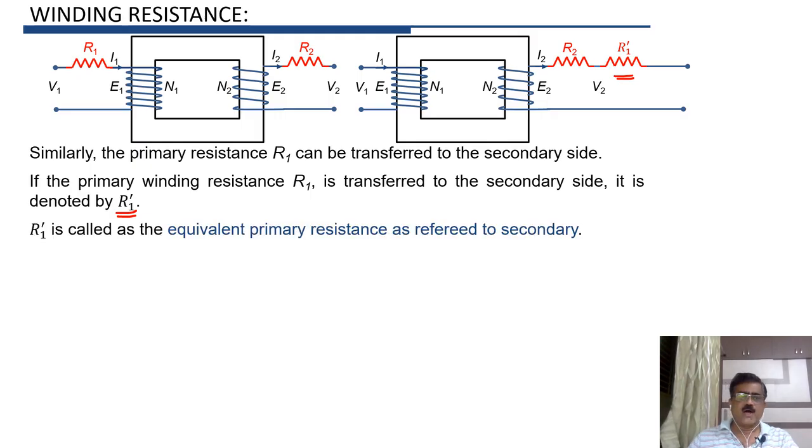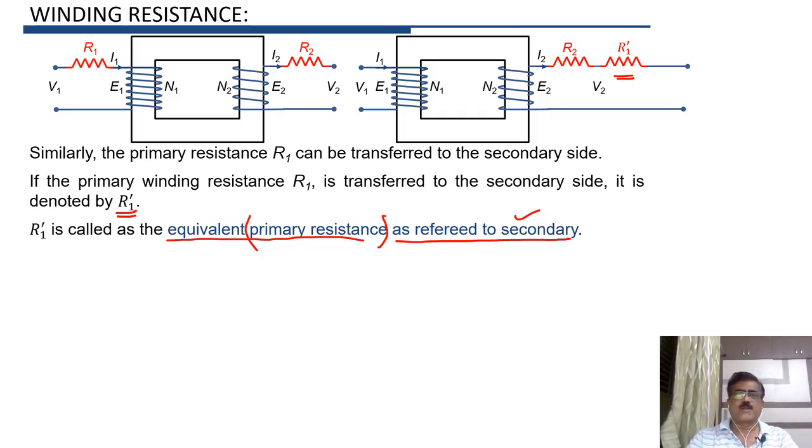So here R1 dash is called the equivalent primary resistance as referred to secondary. Means actually it is the primary resistance, but now it is transferred to the secondary side. So it is called the equivalent primary resistance as referred to secondary.